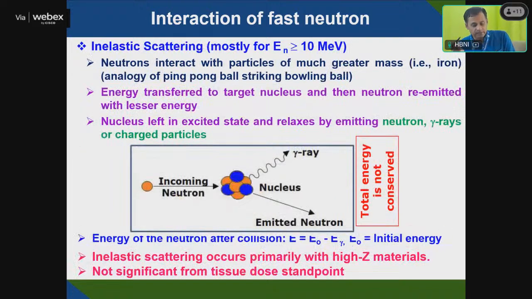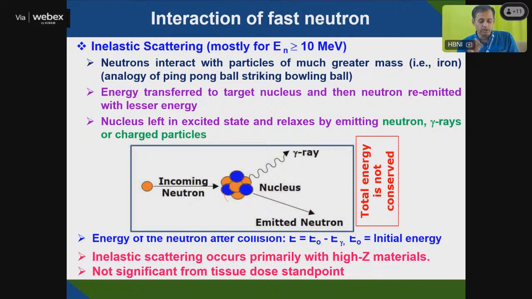And in the case of inelastic scattering, for example, the neutron is interacting with a much higher mass, like iron, cobalt, or stronger material. The analogy is a ping pong ball striking a bowling ball. One small and one big, they are interacting. So in this case, energy is transferred to the target nucleus. The incoming neutron transmits energy and is re-emitted with lesser energy.